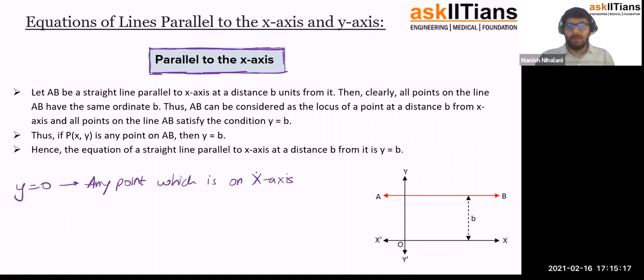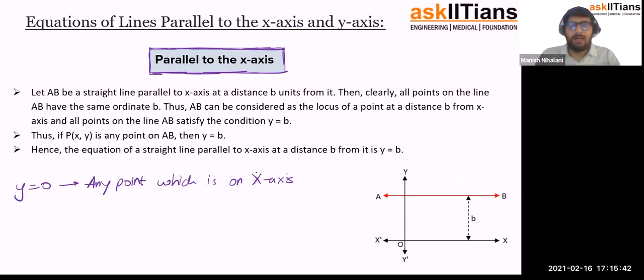Now we are considering some lines which are parallel to the x-axis at a distance b units above it. It can also be k units above it. We know that as we move upwards from the x-axis, the distances are considered positive, but when you go downwards, the distances are considered negative.